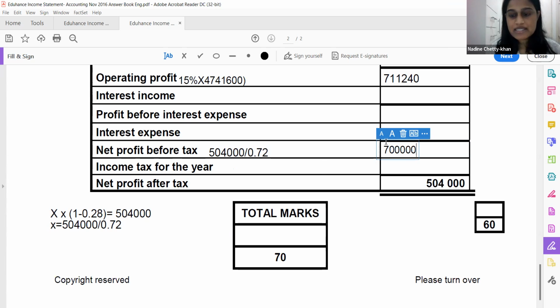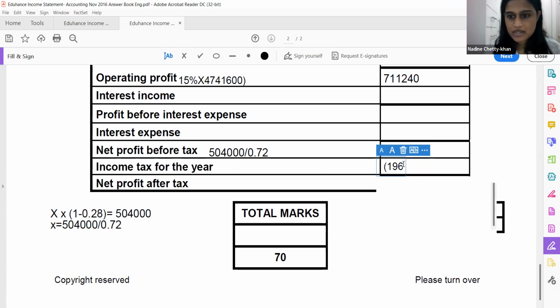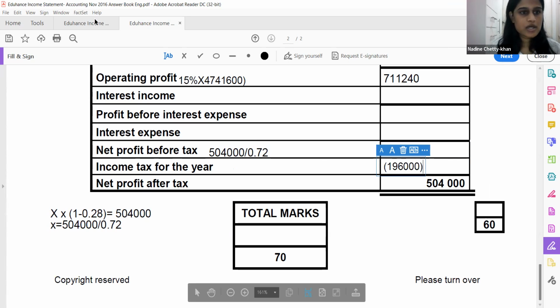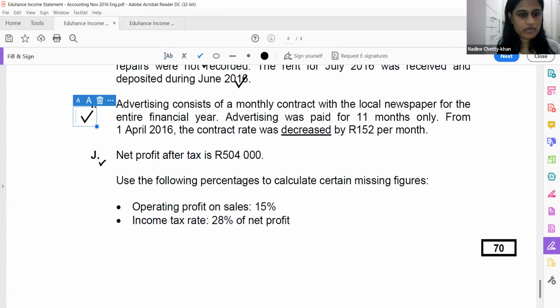And you can simply say now 700,000, either multiply by 28% to get the income tax of the year, or you can simply subtract 700,000 from the 504,000, because the only thing that takes it from 700 to 504,000 is income tax, and you'll get 196,000. Okay. So let's tick off this information. We've used that, we've used that, we used that.